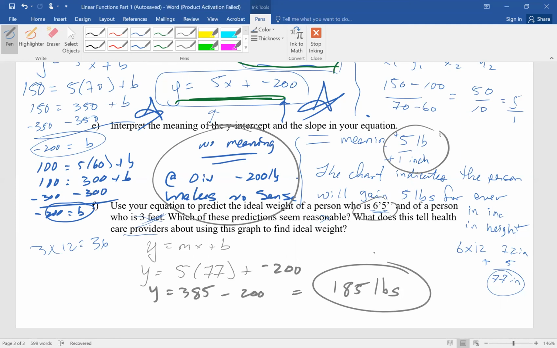So the answer I'm looking for in part F is that for a person of a height of 77 inches, that's the x, their weight, as modeled by the graph, would be 185 pounds. As a second sentence, you can say the model does not apply for those that are 3 feet tall, and therefore we can't use the model to predict anything.